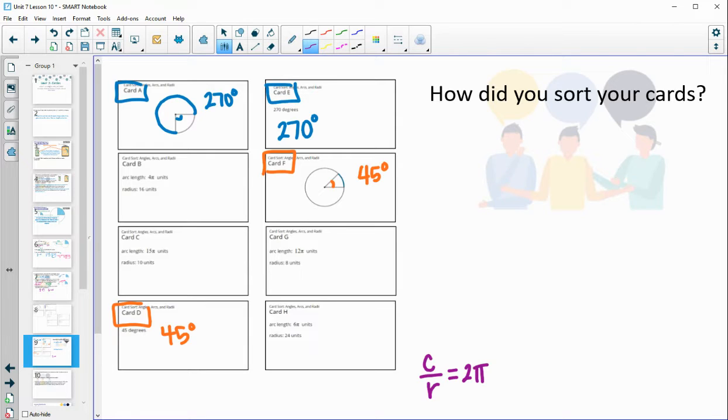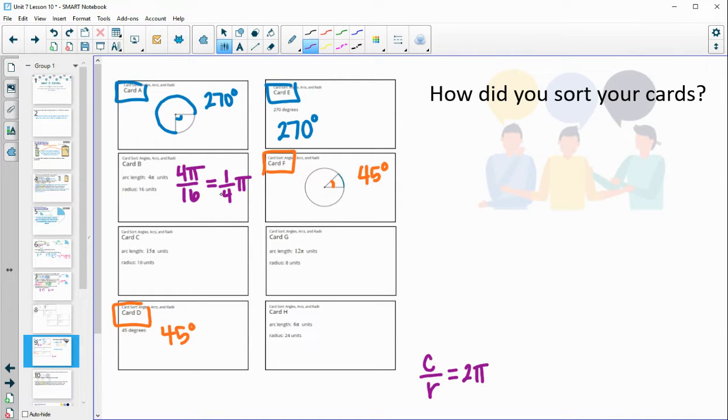And in a previous lesson, we talked about that arc length divided by radius will help us, those are proportional ideas if the central angle is the same. So let's take a look at doing arc length divided by radius. In this case, arc length is 4 pi divided by the radius is 16. So 4 over 16 simplifies to 1/4 pi.